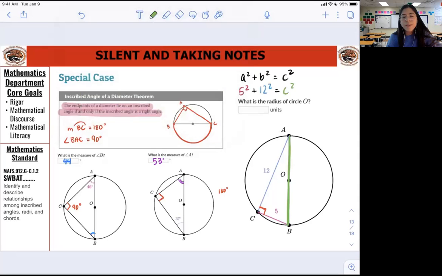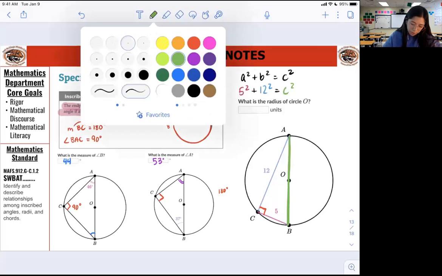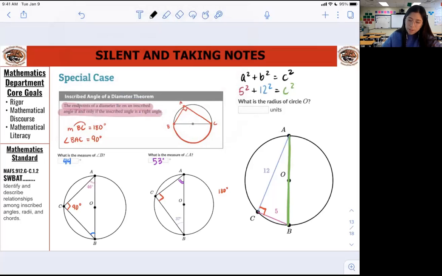Did everyone really just forget the Pythagorean theorem? Real quick, 144 plus 25 gives me 169. So 169 equals c squared, take the square root of both sides.